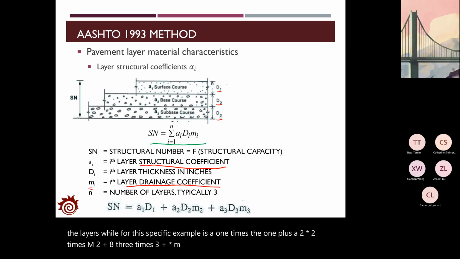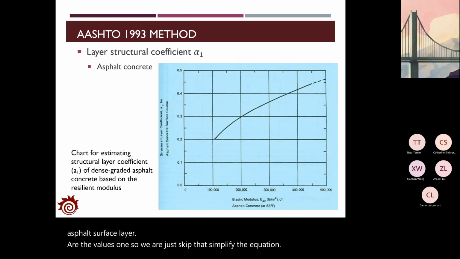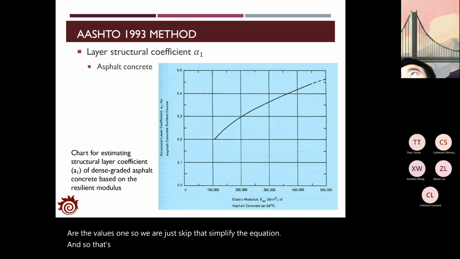Usually for the first one, for the asphalt surface layer, the value is 1, so we just skip that and simplify the equation. And so that's the structural number.